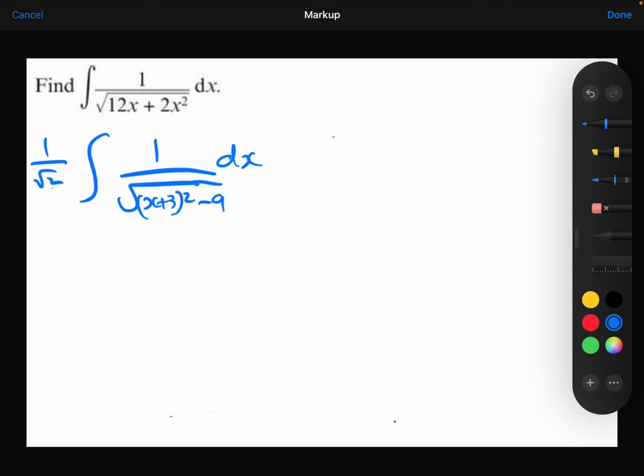So what I'm going to do now, I don't want that to be an x plus 3. I'm going to use a little substitution to help me here. It's quite a simple substitution. I'm going to say u equals x plus 3. So therefore du by dx is equal to 1, and so du equals dx.